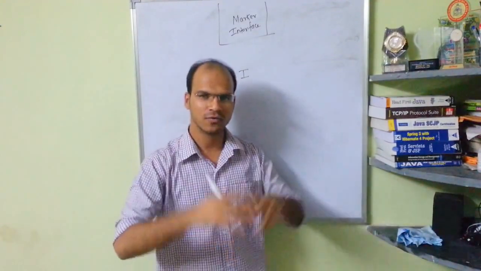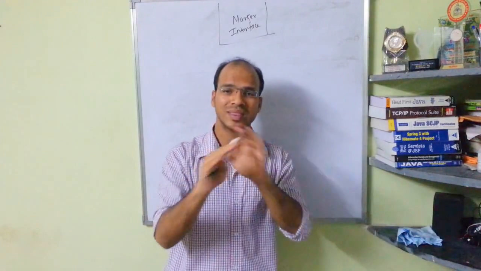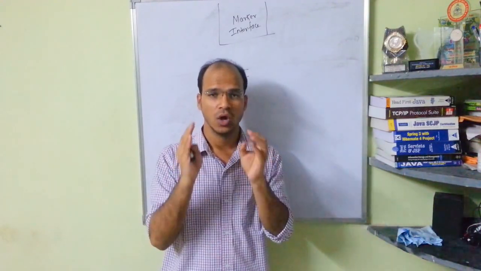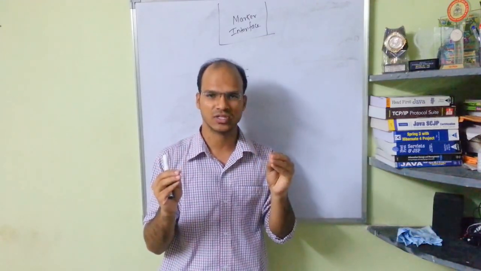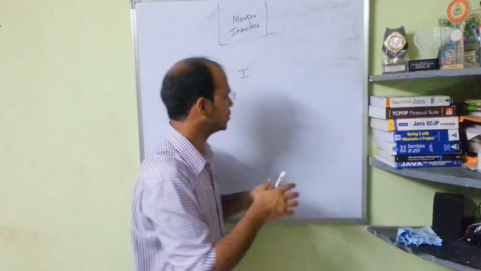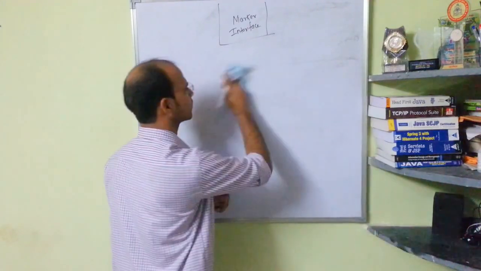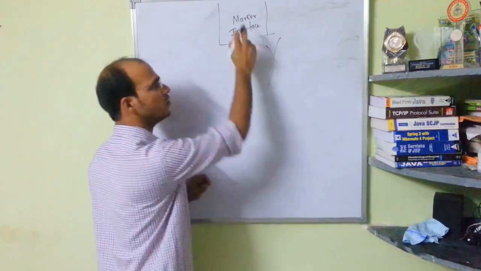So if we talk about this marker interface, we have an interface without any declaration. The question arises, why do we need an interface without any declaration? Our main question is why we need a marker interface.